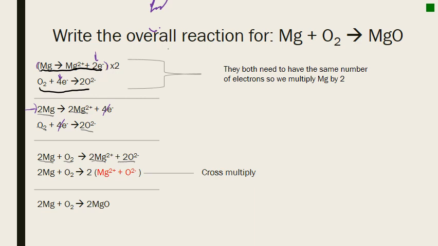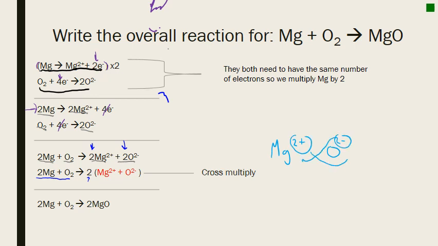But this is not the correct form, so we have to change it a bit. So the 2Mg plus O2, the first bit is correct, but after the arrow is not correct. So here we take the common factor. The common factor between them is 2, so we put 2 here. And then what we have is Mg2 plus and O2 minus. What we do with those is cross multiply. So we've got Mg2 plus and then O2 minus, and we cross multiply.